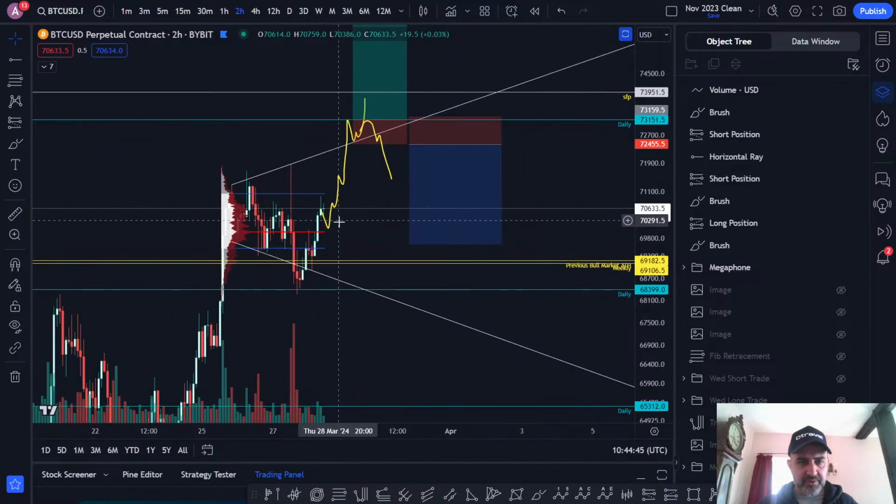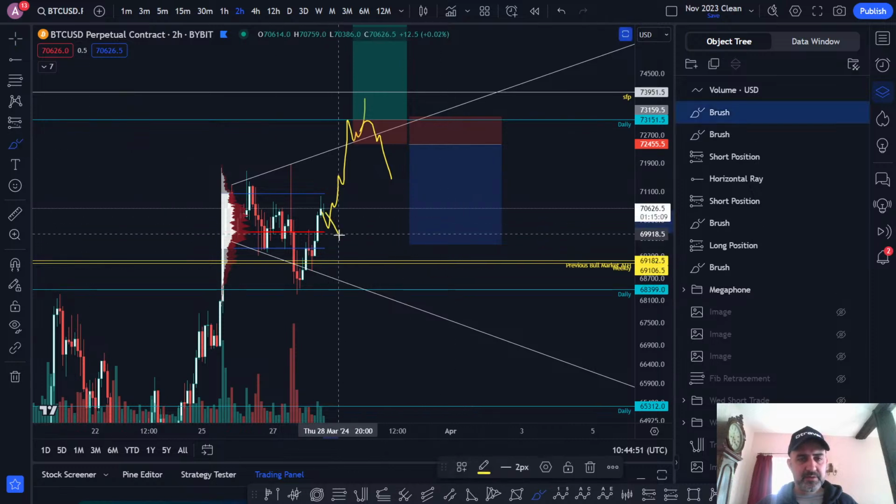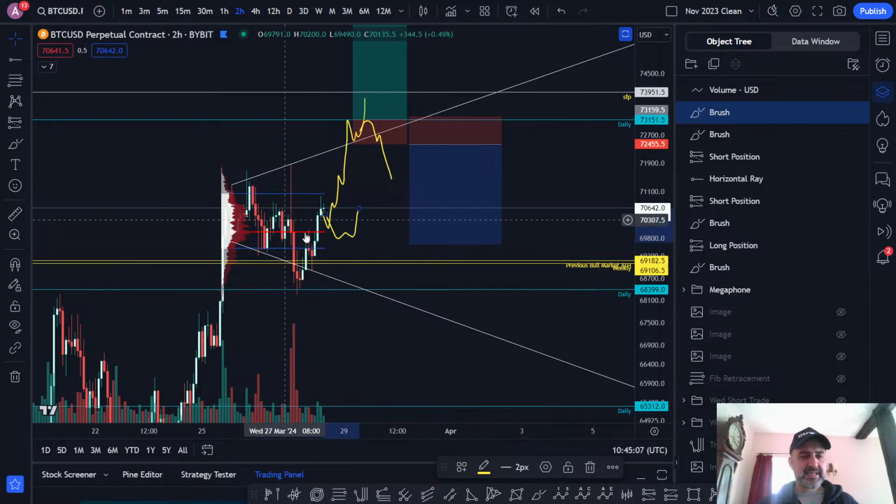So in terms of longing, you probably want to try and, if we can get a back test somewhere, come back down here one more time. That's probably your opportunity to long. That actually looks like an inverse head and shoulders. That would probably be the opportunity to long if anyone's looking to long, but technically we're still stuck in the range.